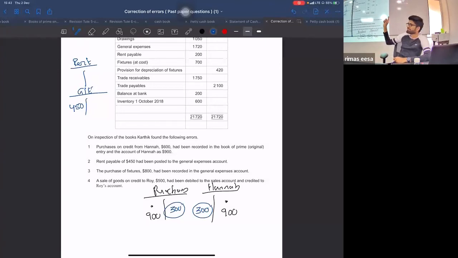Have you entered in the correct account or wrong account? Wrong account. If it is the wrong account, think and see, same class or different class? Same class. Why same class? Rent is an expense. General expense is also an expense.